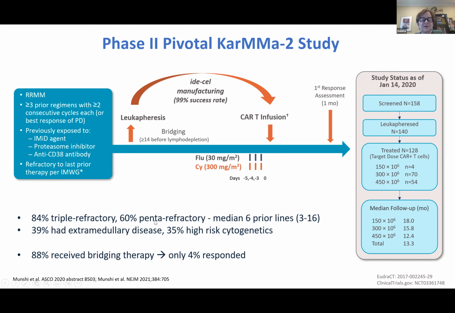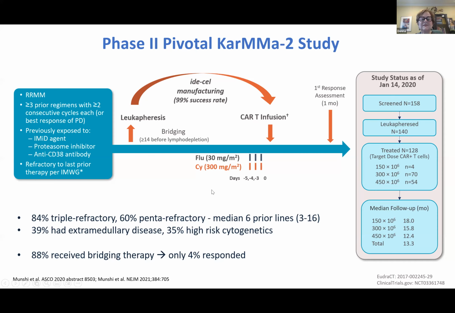And actually over half had grown through 5 different treatments, and the median number of prior lines was 6. Almost 40% had disease outside the bone marrow, which we know is hard to control, and 35% had high-risk cytogenetics.